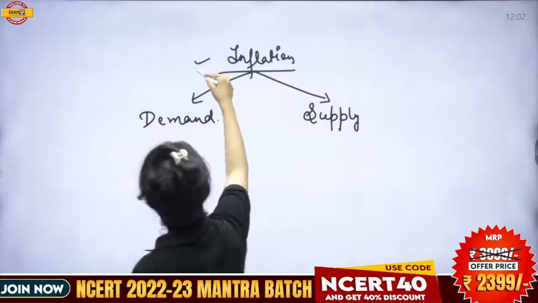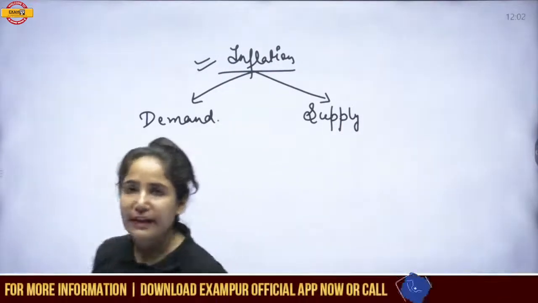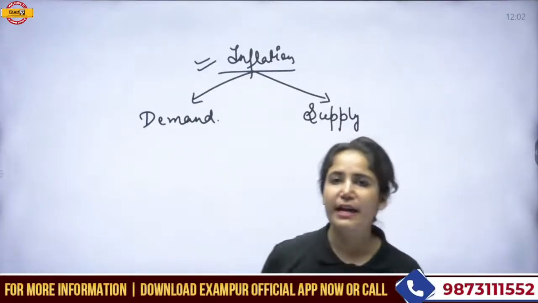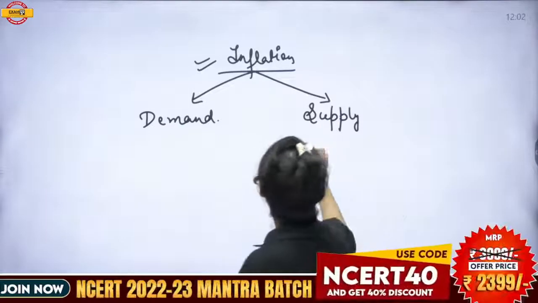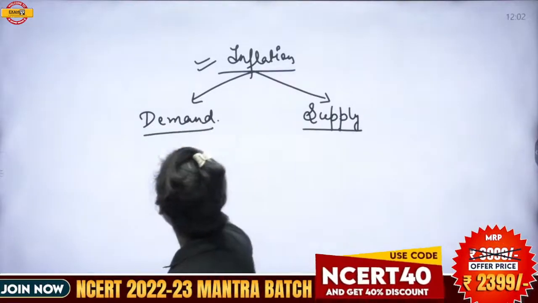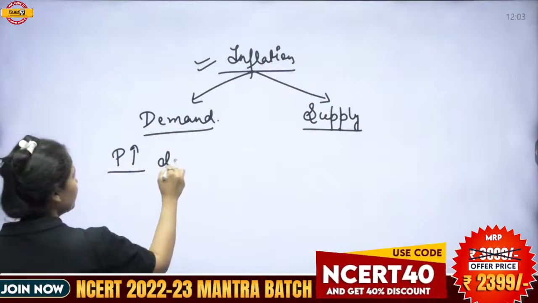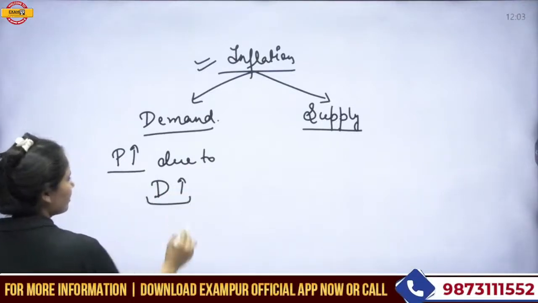It can be considered a positive indicator as well if we are talking about the demand segment. So, supply side and demand side, in what ways are prices going up? Prices increase due to demand expansion.